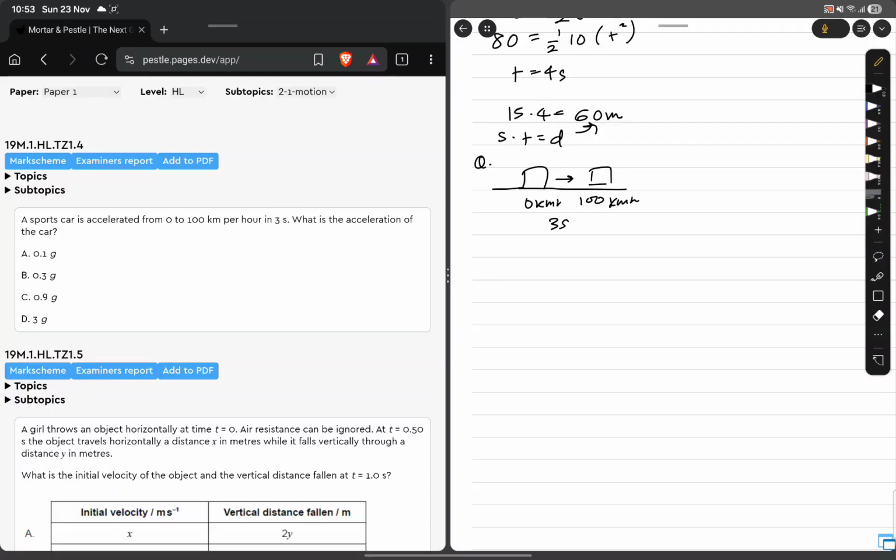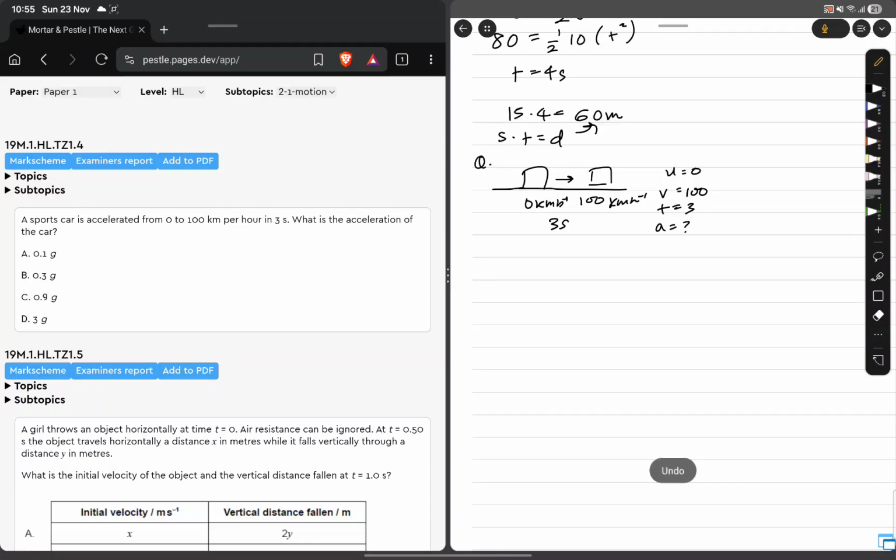Then the acceleration would be, this is a SUVAT equation problem, so it's going to be 100 equals 0 plus 3a, so it's going to be, oh well, no, I did this wrong. It has to be in terms of g.